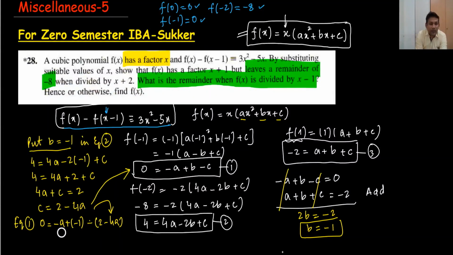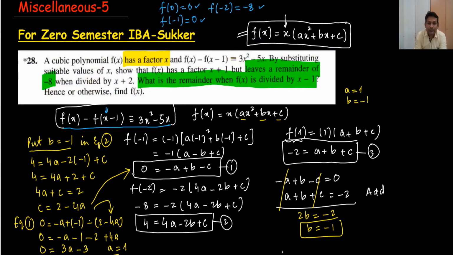Now, can we find a? Because there is only a. 0 equals minus a minus 1 minus 2 plus 4a. Minus a and 4a gives 3a. So 3a minus 3 equals 0 and a is 1. Good. So I'm writing here that a is 1 and b is minus 1.